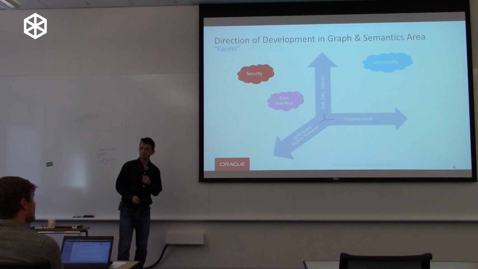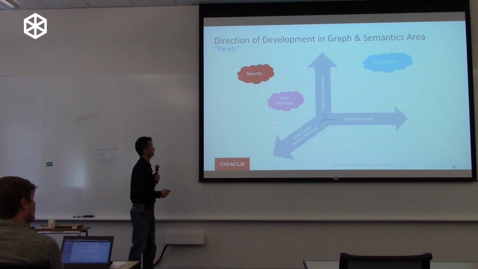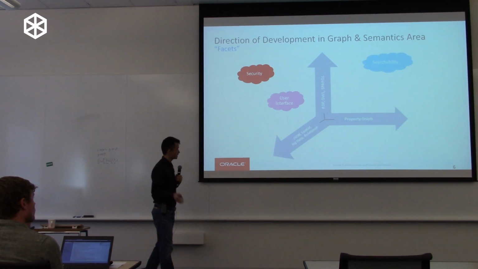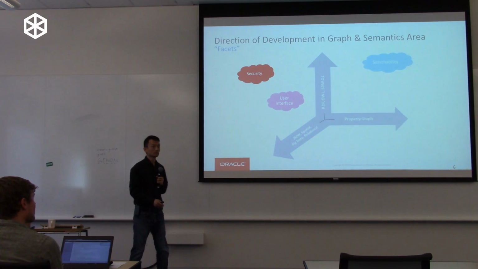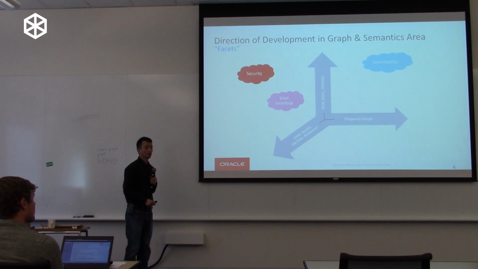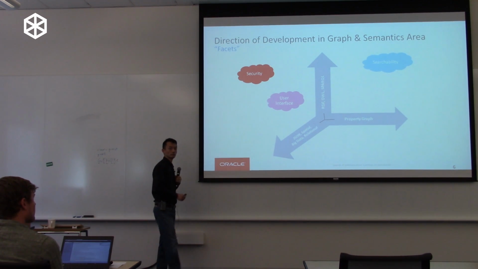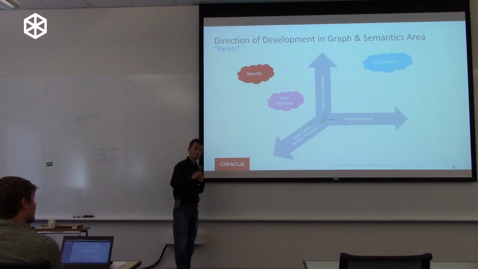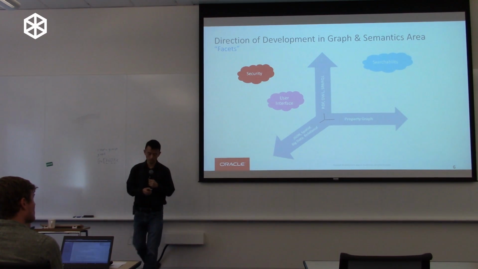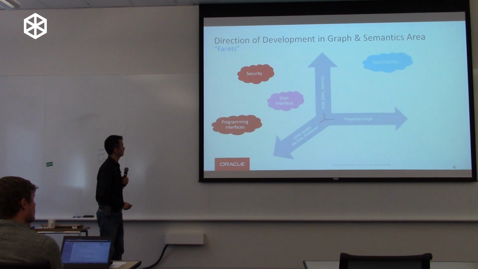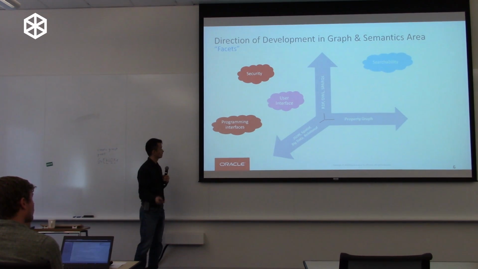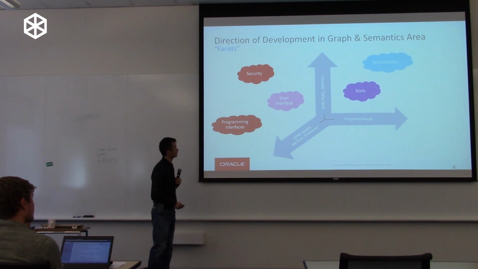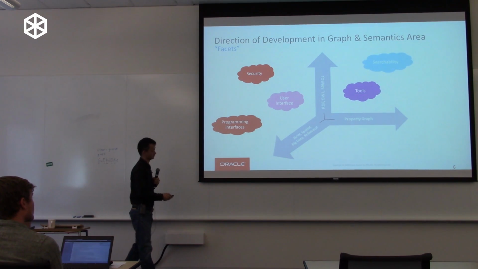User interface. This is a very important one. If you have some technologies, but without a beautiful interface, nobody will look at your stuff. That's why we are working with our partners from Tom Sawyer and other companies to provide a nice UI to the graph technologies. And programming interfaces: we need Java, we need Rust, we need SQL interface, etc. And tools.